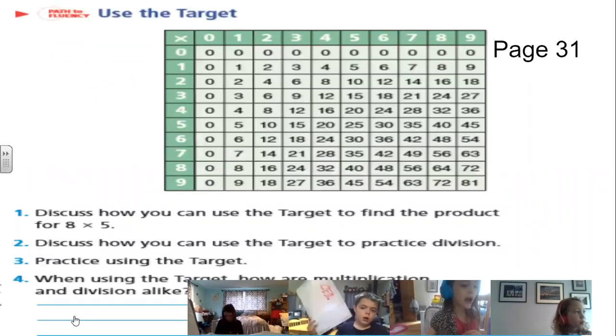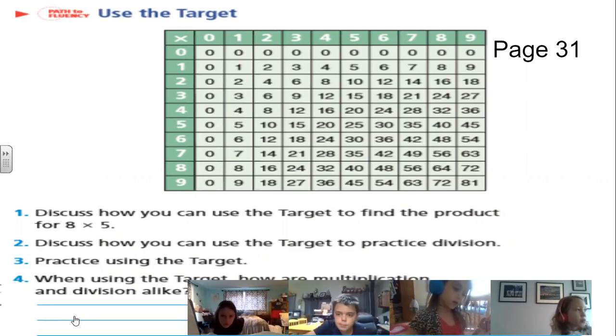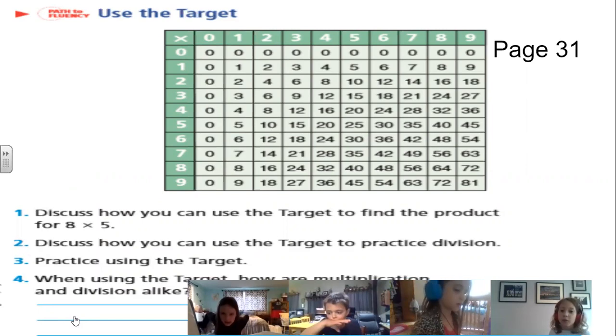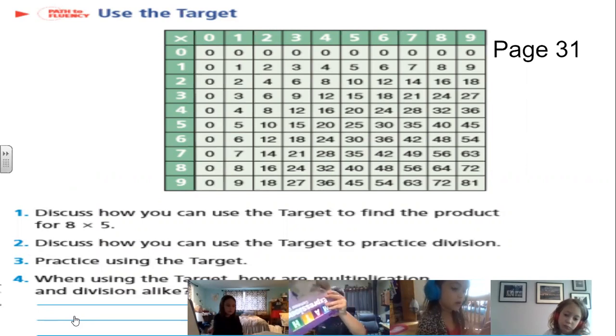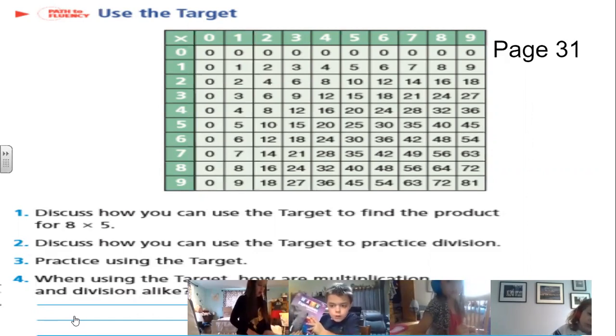We are gonna turn to page 31 in your math workbook. And I just wanna show you how you use this target to find the product for different equations and how we can use it for division. So go ahead and get your math workbook. You can put your lid on your marker, put it to the side, and then get out your pencil and math workbook and turn to page 31.